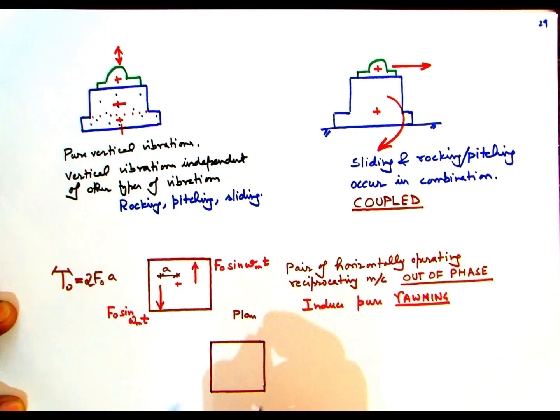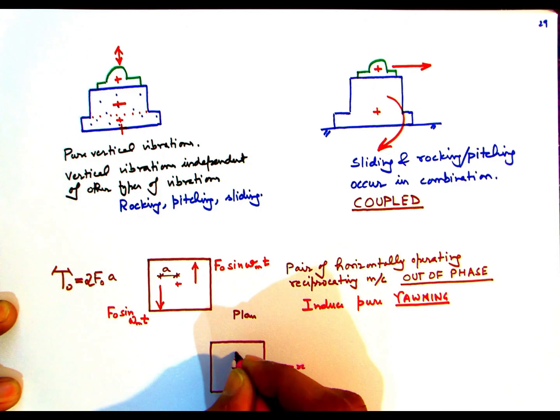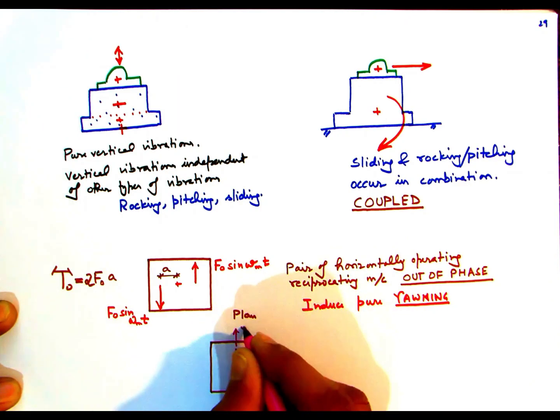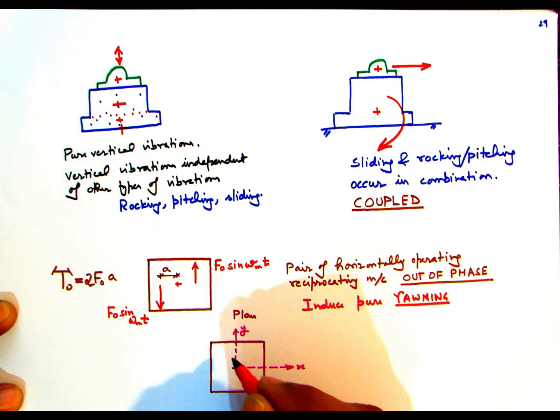Let us see another possibility. How about a machine which is of the rotating type and where the mass is rotating in the horizontal plane? Will this kind of arrangement produce any yawing? So here we are showing the plan with the x and y axes.